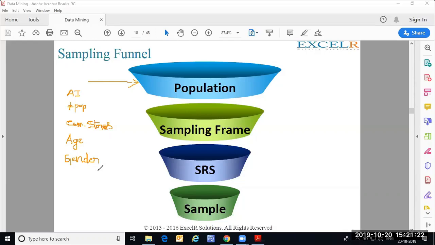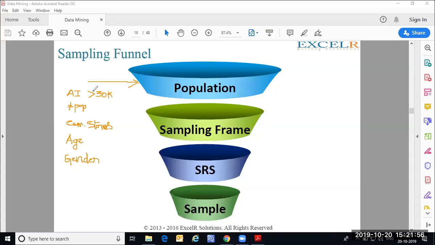Based on the parameters that we think would influence the decision that we are trying to solve, we are going to prioritize those parameters as well. Which are the most important, which are the next most important, right? If I take average income being more than 30K as the first and foremost priority for me to decide whether the store which I'm planning to float would be beneficial or not.